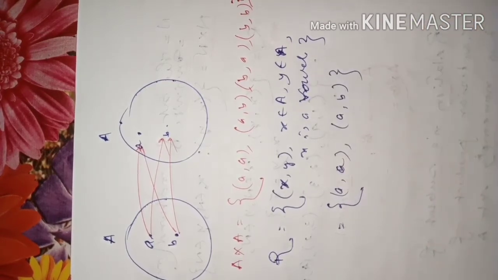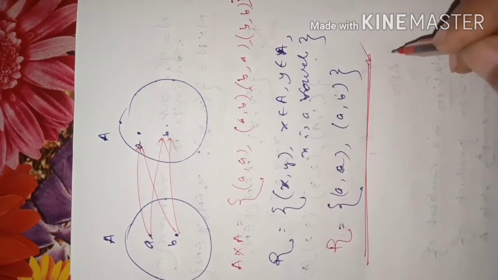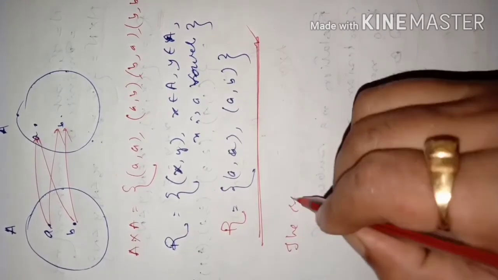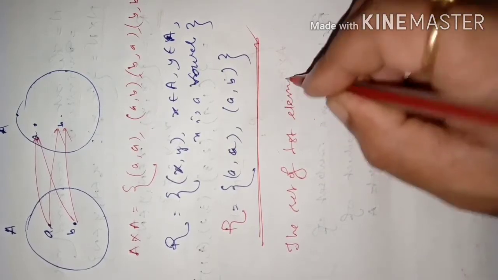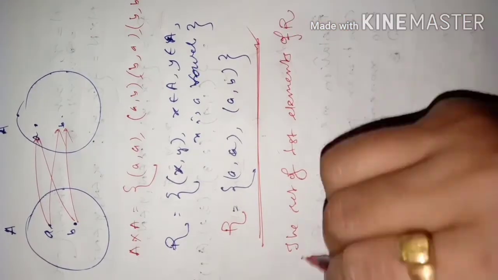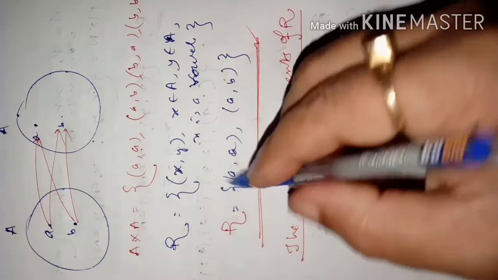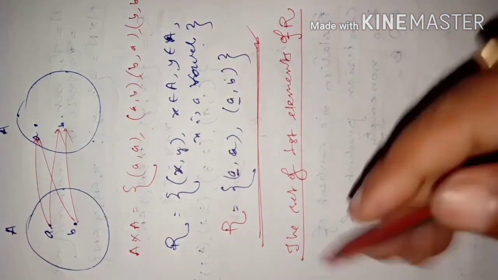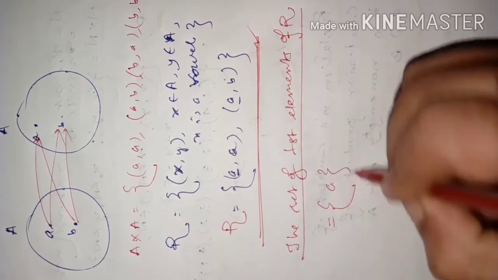Now this set is called a relation. In this set, consider the set of first elements of R. What is the first element here? a. What is the first element here? a. So the first elements are a only, so the set of first elements is {a}.